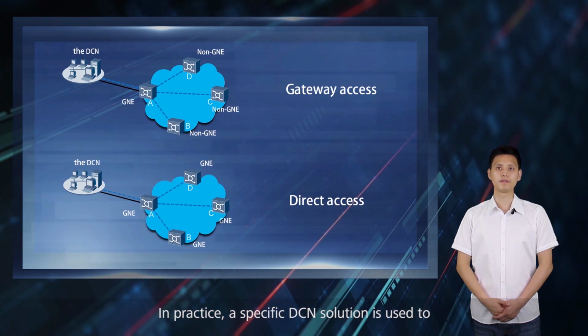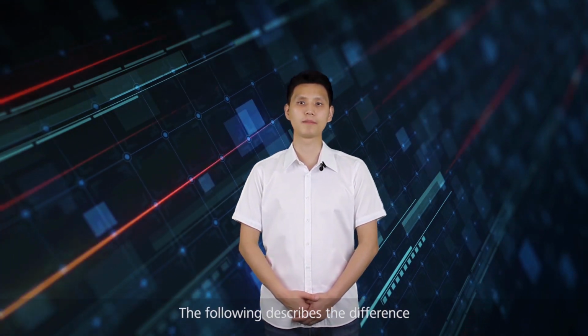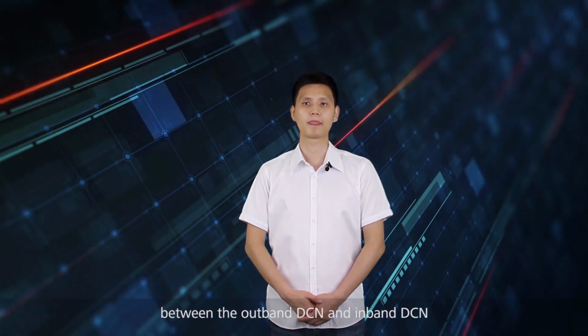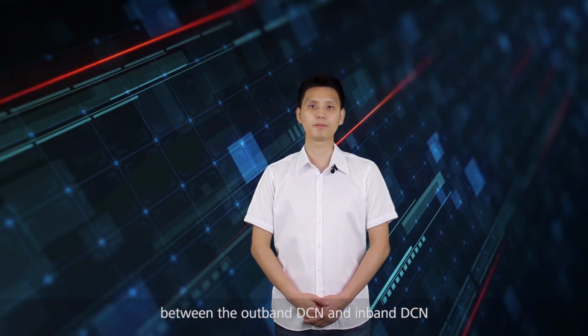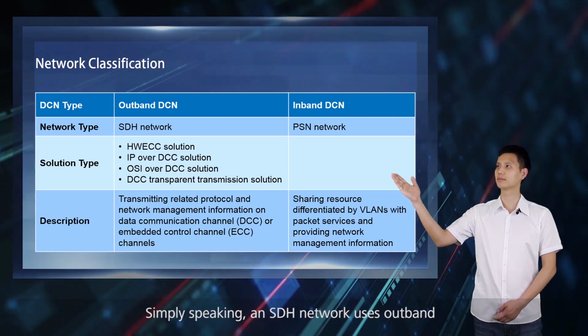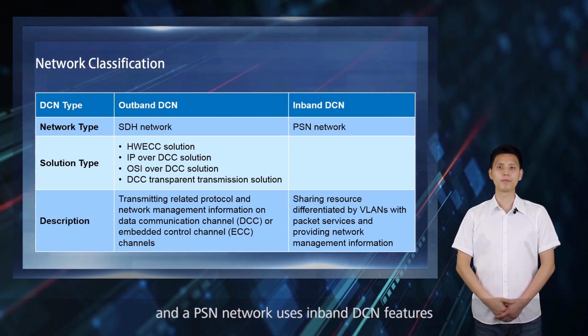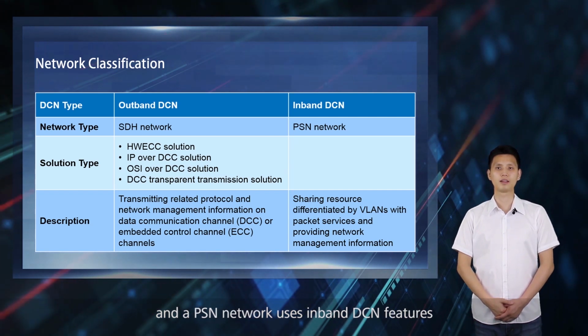In practice, a specific DCN solution is used to set up a DCN depending on the network type. The following describes the difference between the outband DCN and in-band DCN. Simply speaking, an SDH network uses outband DCN features, and a PSN network uses in-band DCN features.